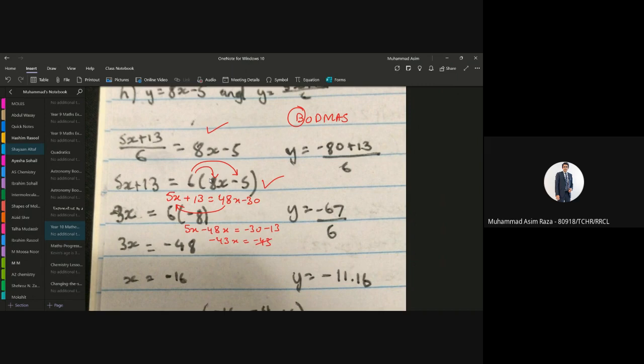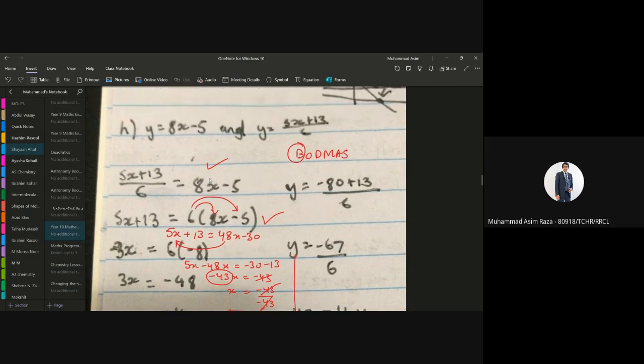Then this negative 43 will get divided, because here it is getting multiplied, so it will cancel out and you will get x is equal to 1. If x is equal to 1, we can put the value of x into any equation. For example, 8 into 1 minus 5, and 8 minus 5 is equal to 3, right? So therefore your answer is 1, 3.